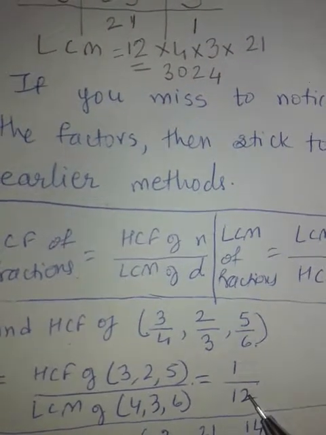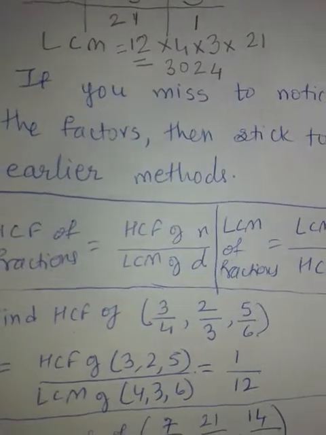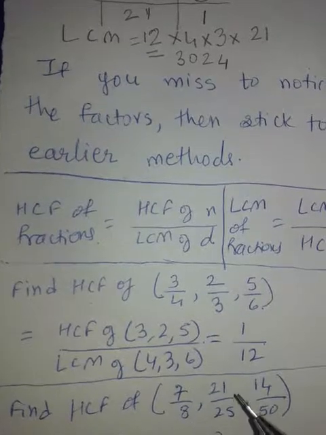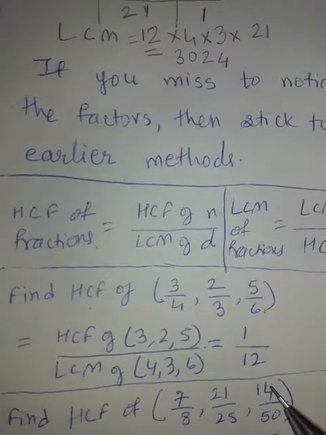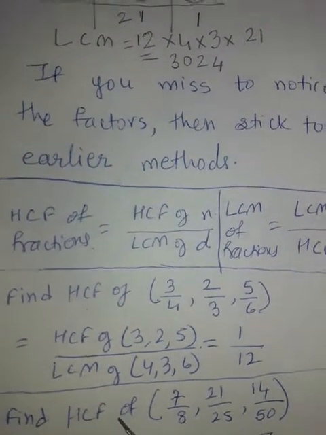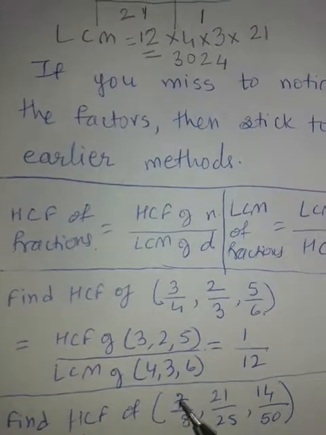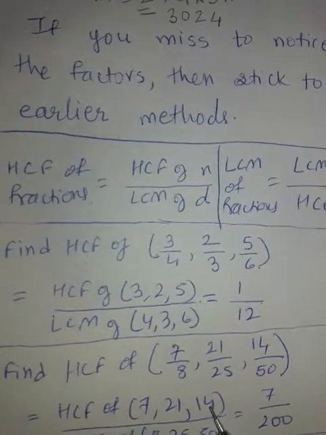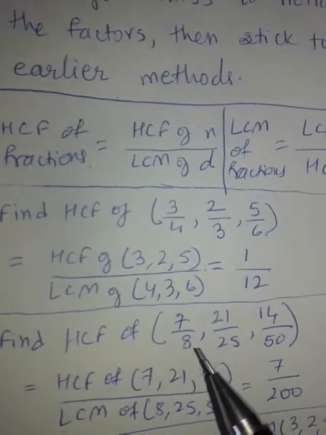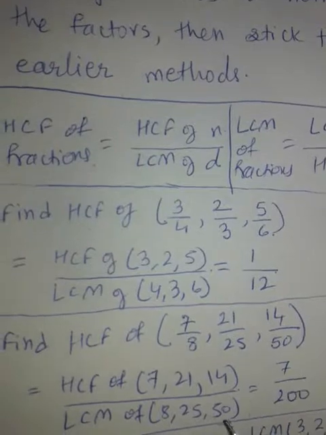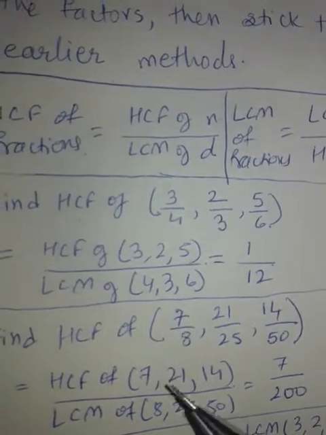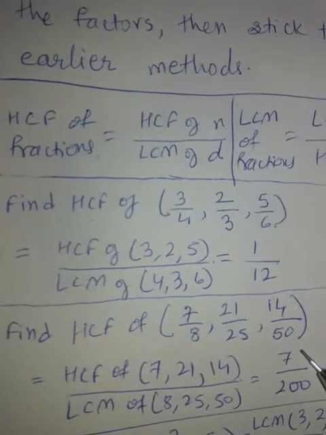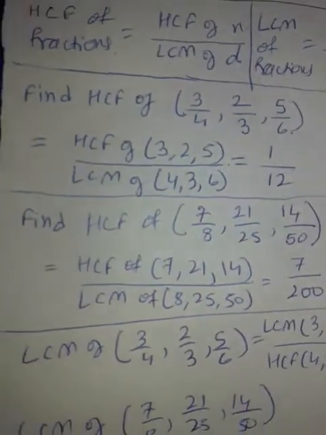LCM of these three numbers is 12. So the answer is 1 by 12. Now I need to find HCF of 7 upon 8, 21 upon 25 and 14 upon 50. It will be HCF of numerators 7, 21 and 14 upon LCM of 8, 25 and 50. This comes out to 7, this comes out to 200, so the answer is 7 upon 200.